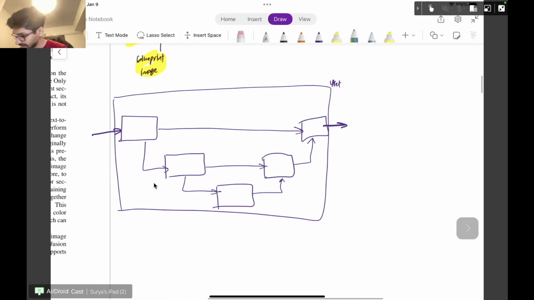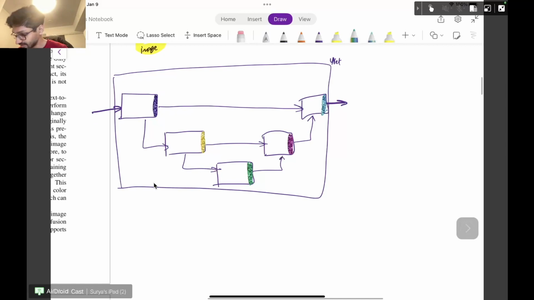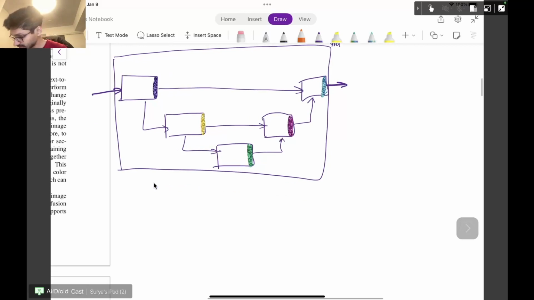If you remember the architecture, there is a cross attention layer at the end of each of these. This cross attention layer is where your CLIP text embeddings go in.